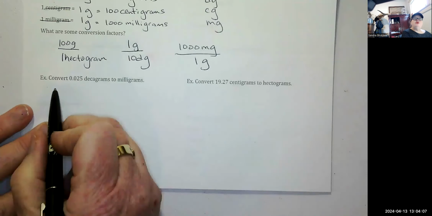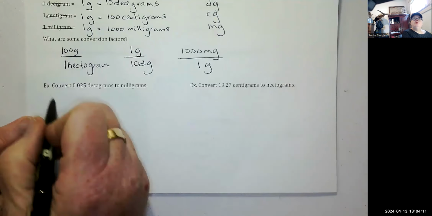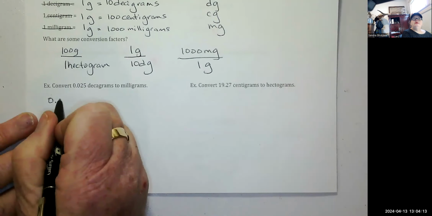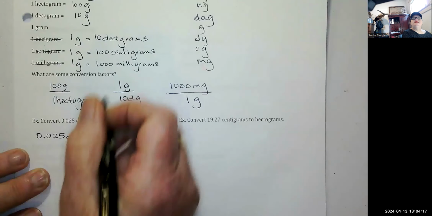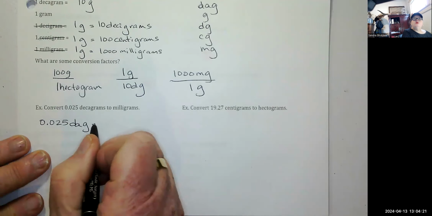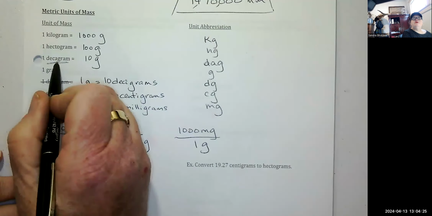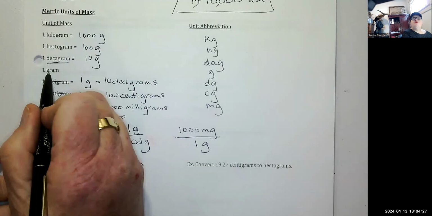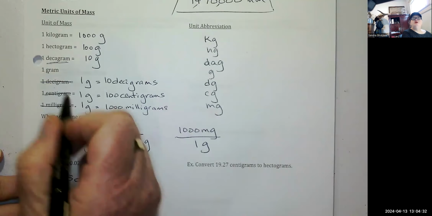We did it. Convert 0.025 decagrams to milligrams. So we've got 0.025 deca. Deca is the DAG, and we're wanting to convert it to milligrams. So decagrams up here. I have to go through grams to get to the milligrams, because milligrams is my last one on this page.